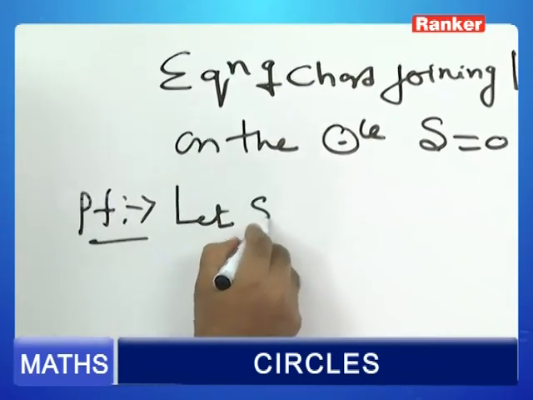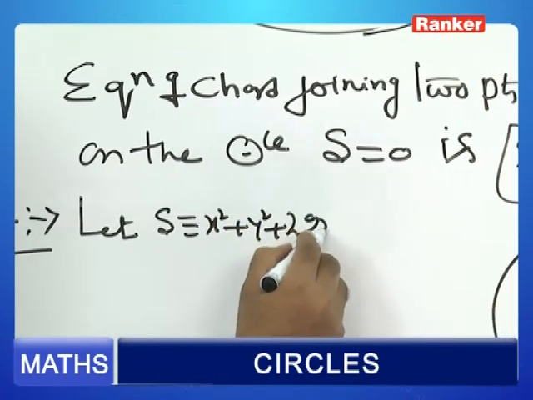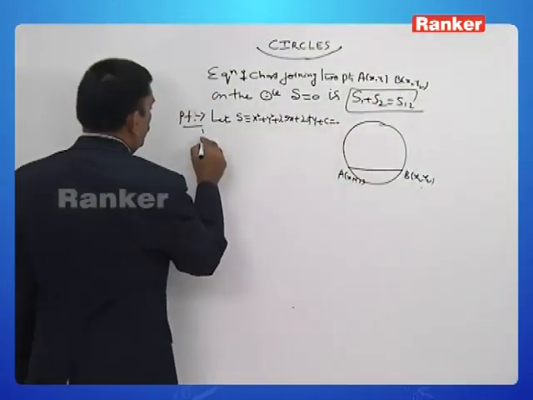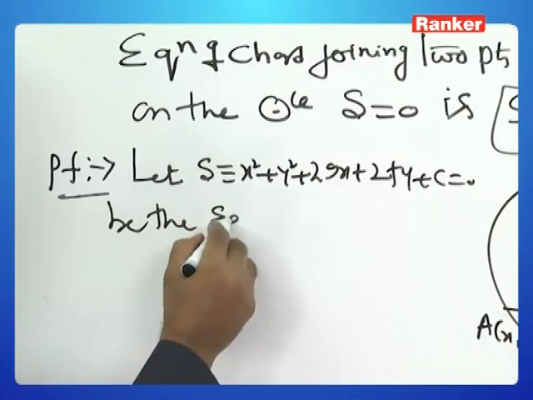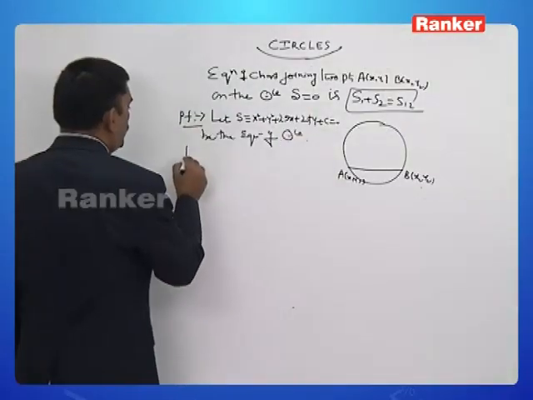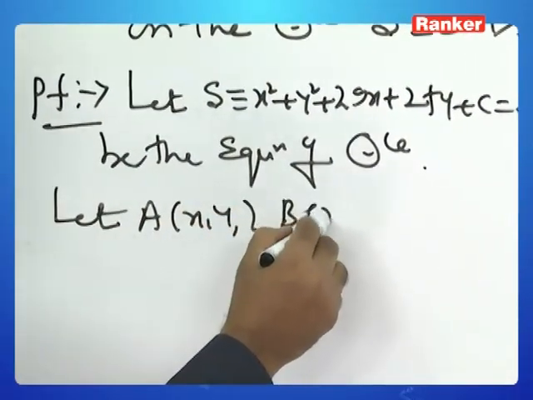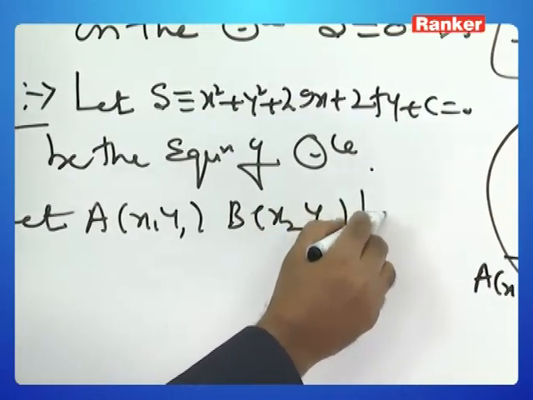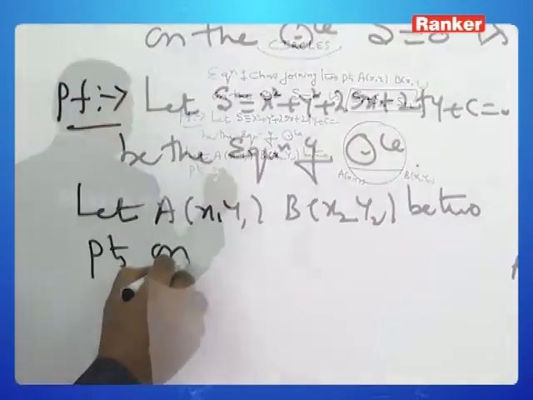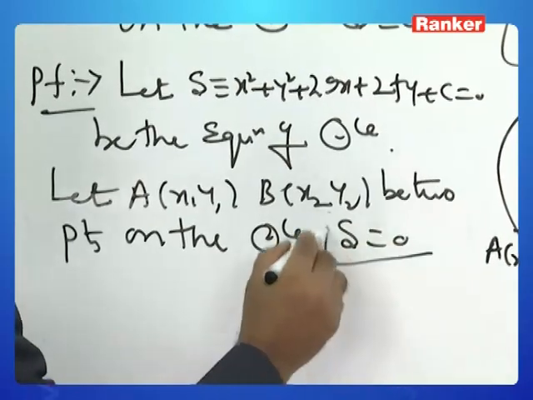Let S is equal to x square plus y square plus 2gx plus 2fy plus c is equal to 0 be the equation of circle. Let A of x1 comma y1, B of x2 comma y2 be 2 points on the circle S is equal to 0.